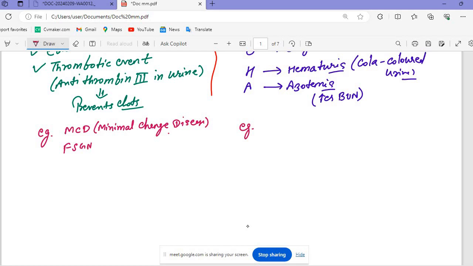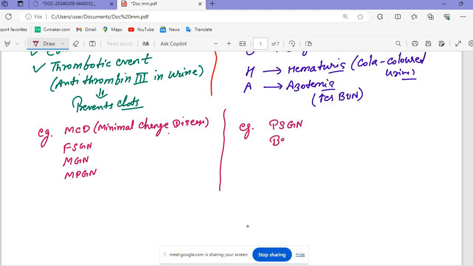I'm just writing the short forms, we will write it further. Then we have membranous glomerulonephritis and membranoproliferative glomerulonephritis. So the examples are minimal change disease, focal segmental glomerulonephritis, membranous glomerulonephritis, membranoproliferative glomerulonephritis. Then another example, for the nephritic side, we have post-streptococcal glomerulonephritis.